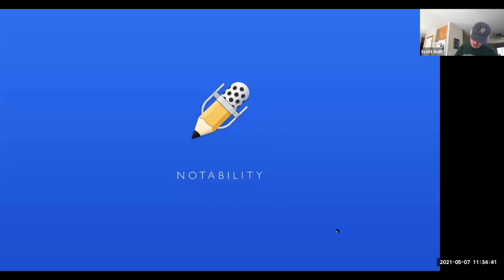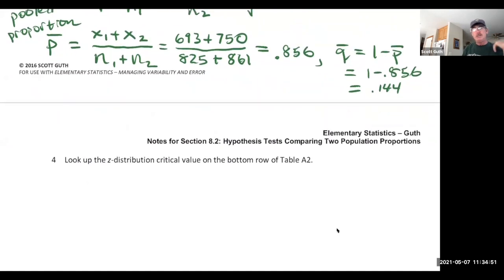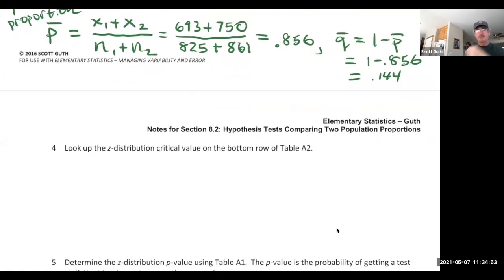Basically, you're saying these two sample proportions are 1.81 standard errors apart, and the girls is 1.81 standard errors below the boys. It seems significant. We've seen more significant things.